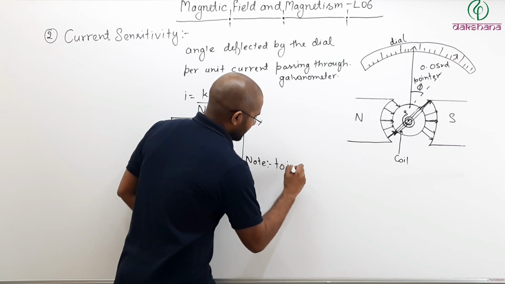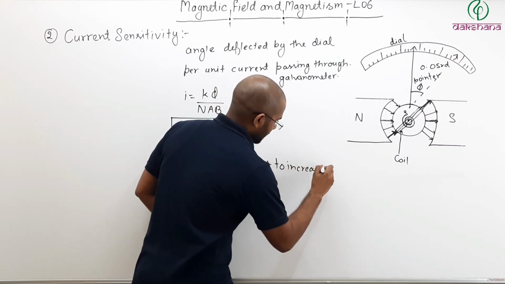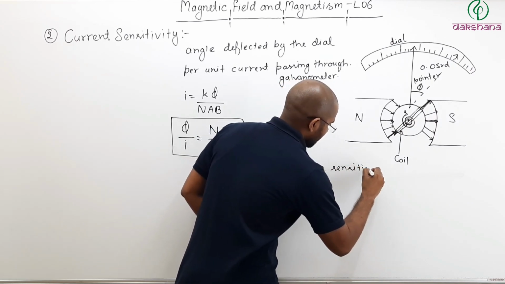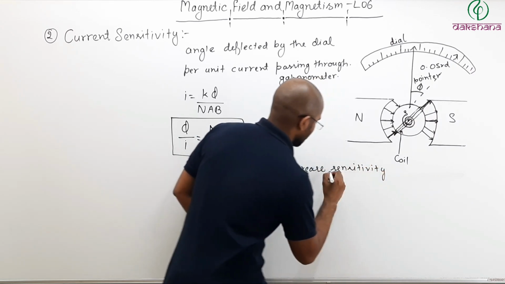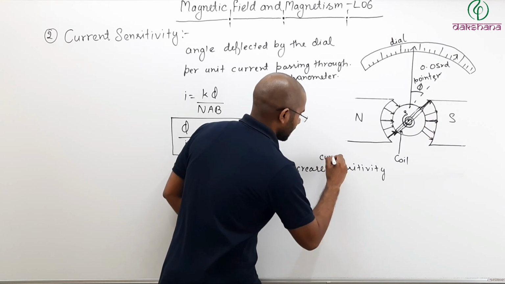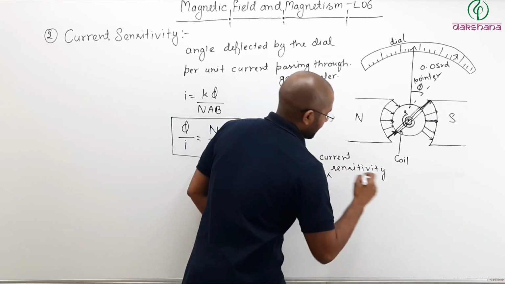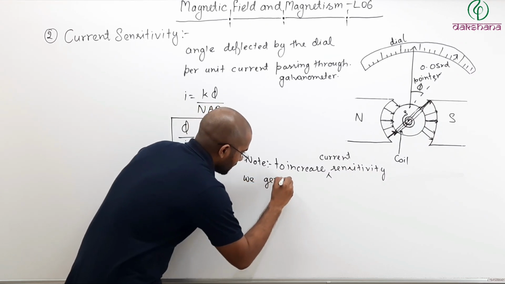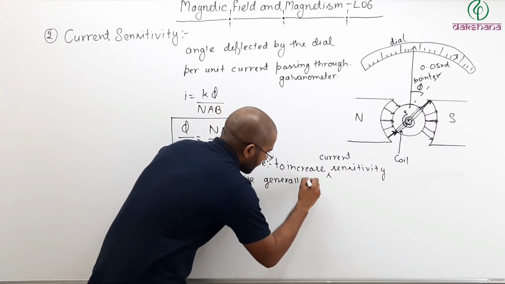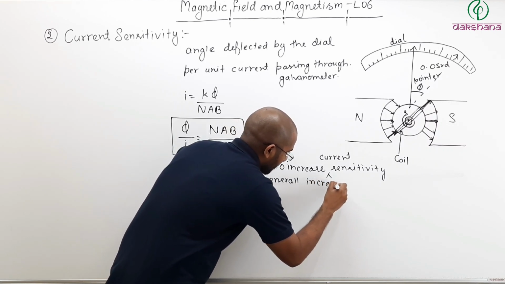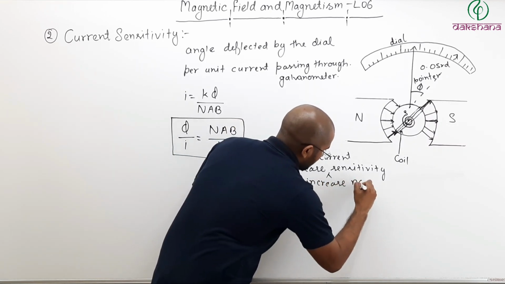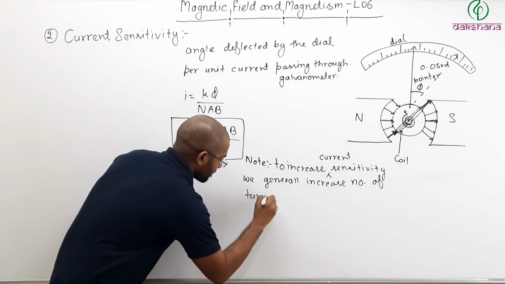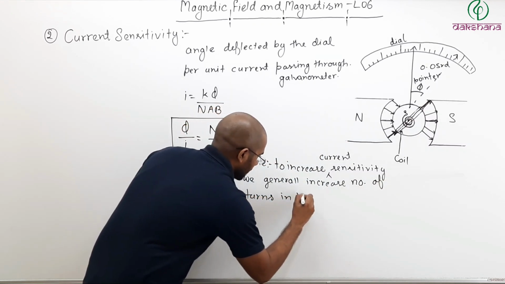To increase sensitivity or current sensitivity, we generally increase the number of turns in the coil.